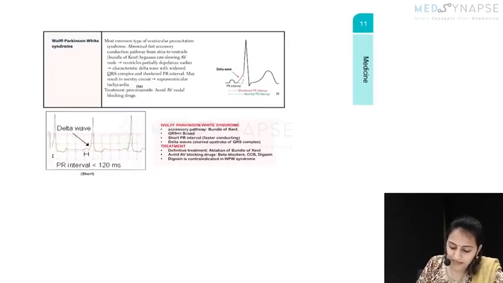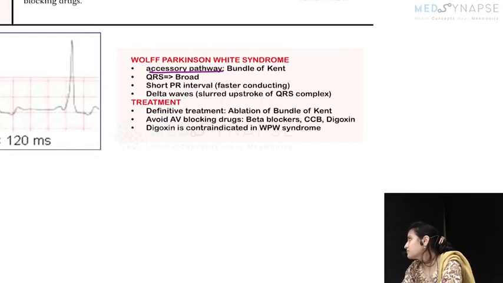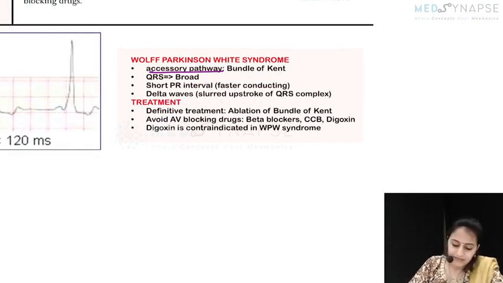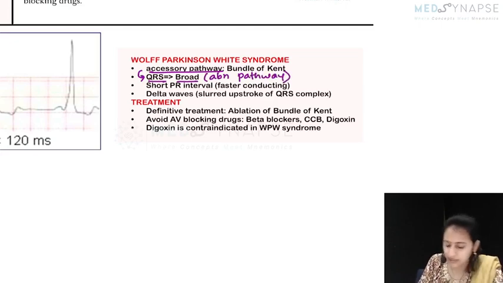Coming to Wolff-Parkinson-White syndrome, basically the pathology is the accessory pathway, the bundle of Kent. It's an abnormal pathway. So how will the QRS be? Any abnormal pathway, broad QRS. So here also you would see a broad QRS. How will the PR interval be? Short.